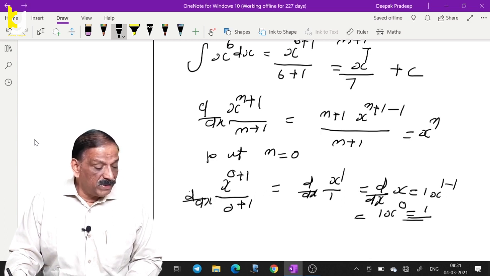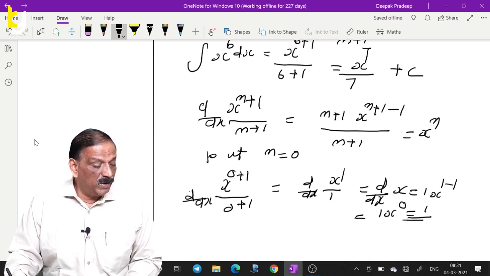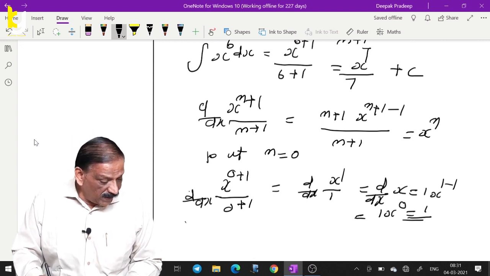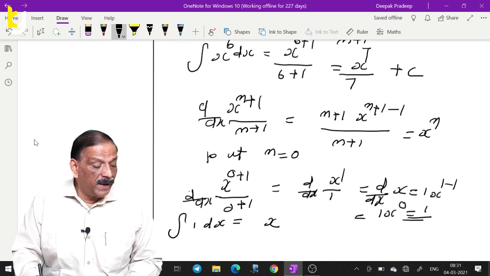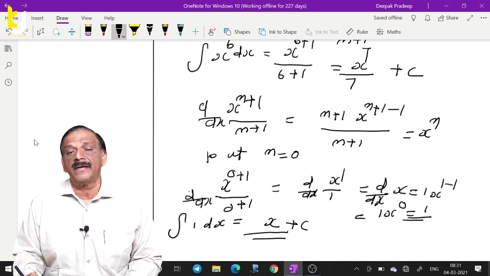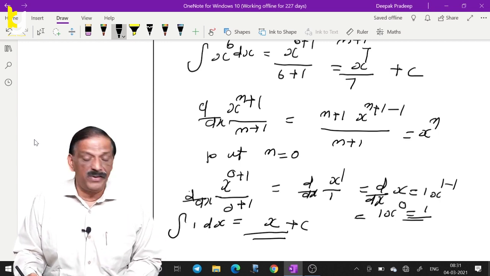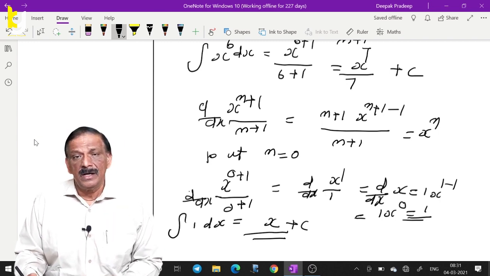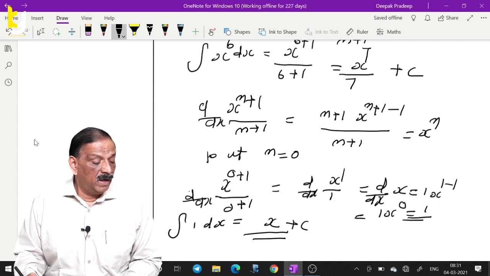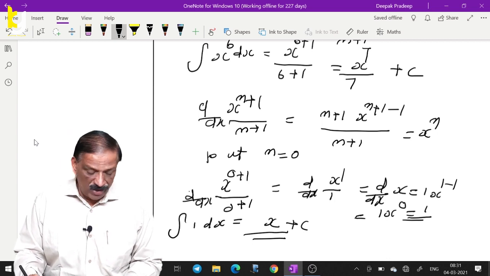Then we can integrate. So we can say integral 1 dx is equal to x plus c, where c is the integral constant. Clear? Without studying the formula, you cannot solve the problems. So study all the formulas very well.